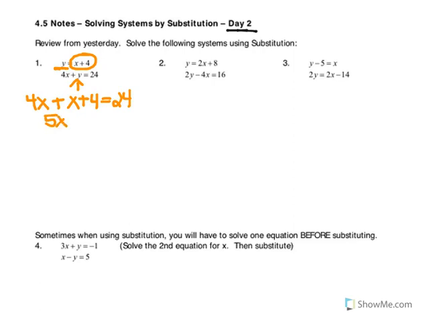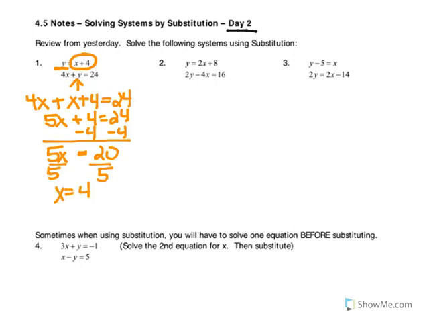We have 5x on this side. Subtract 4 from both sides. And you get 5x equals 20. Divide by 5. And x equals 4.